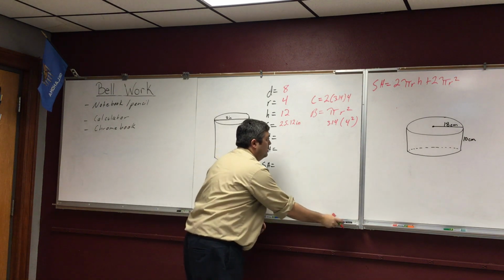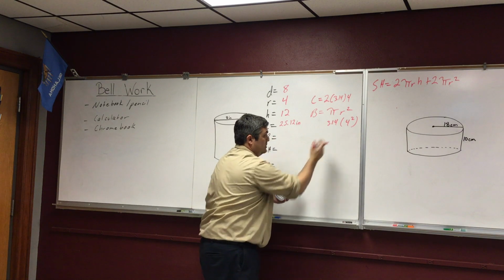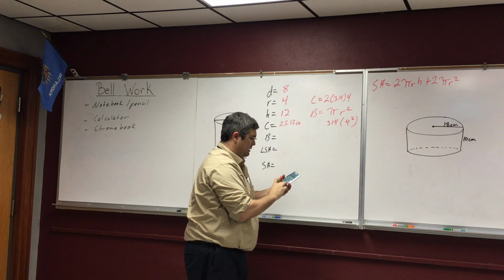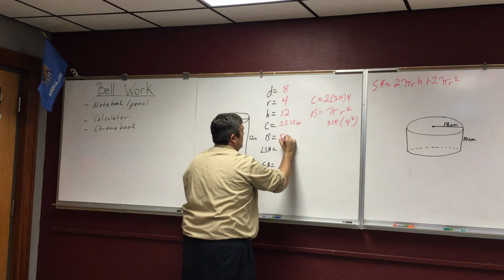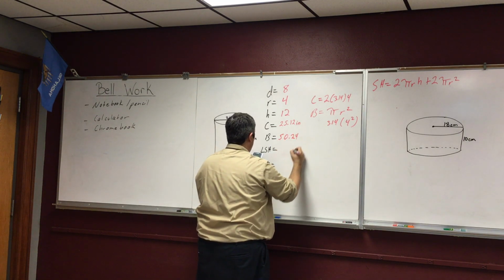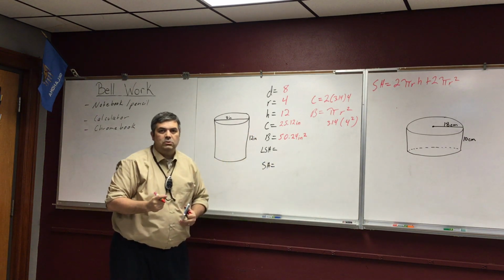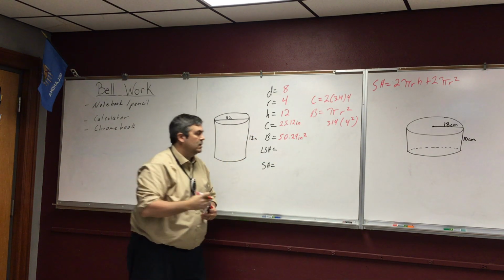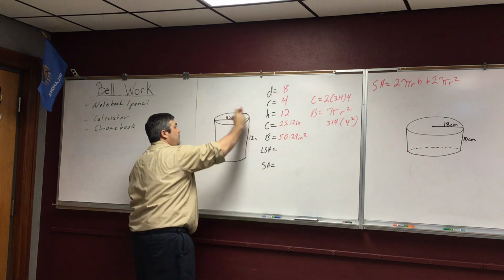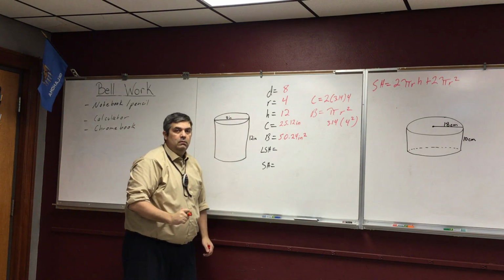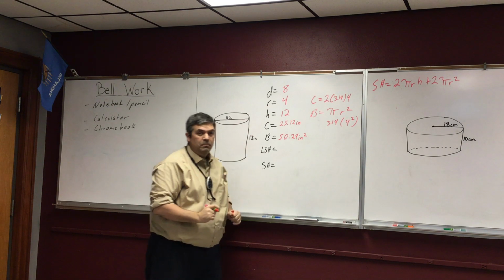Okay, no problem. This is 16. 16 times 3.14 is 50.24 inches squared, because you're talking about area. Okay? So now that is just this top one. Right? There's two of them. That's why in our formula it gets multiplied by 2.